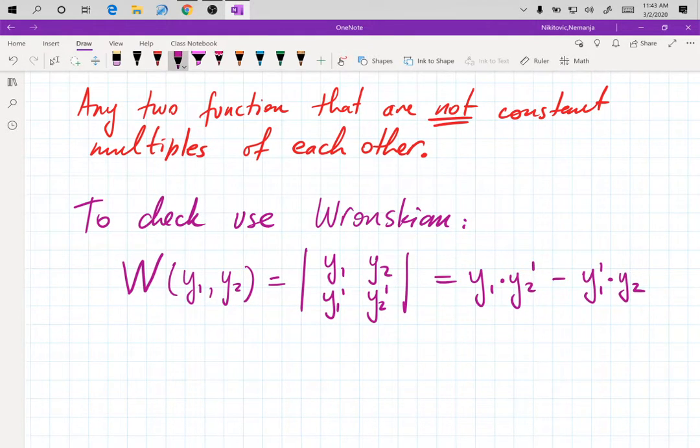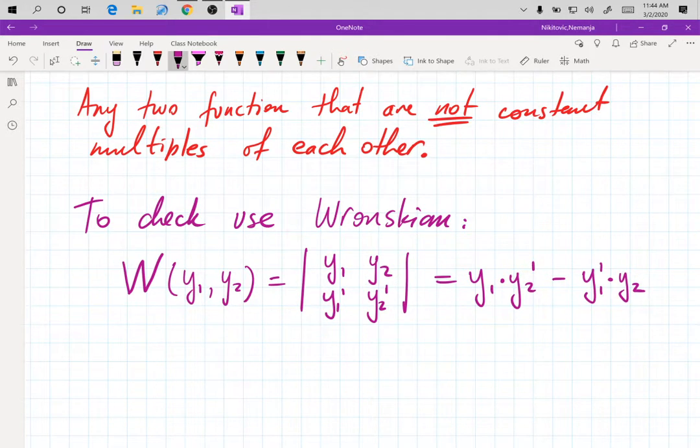Now, it's not just how you compute, but how you interpret this. If the result is 0, then solutions are linearly dependent. If it's non-zero, they are independent.